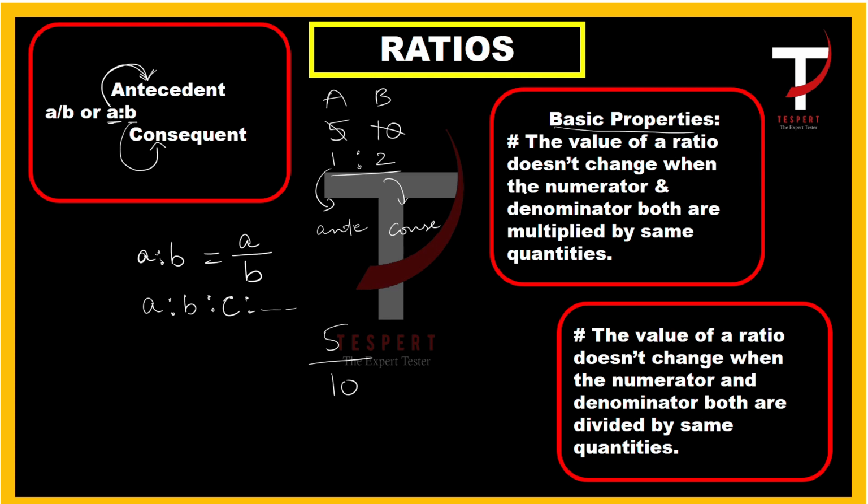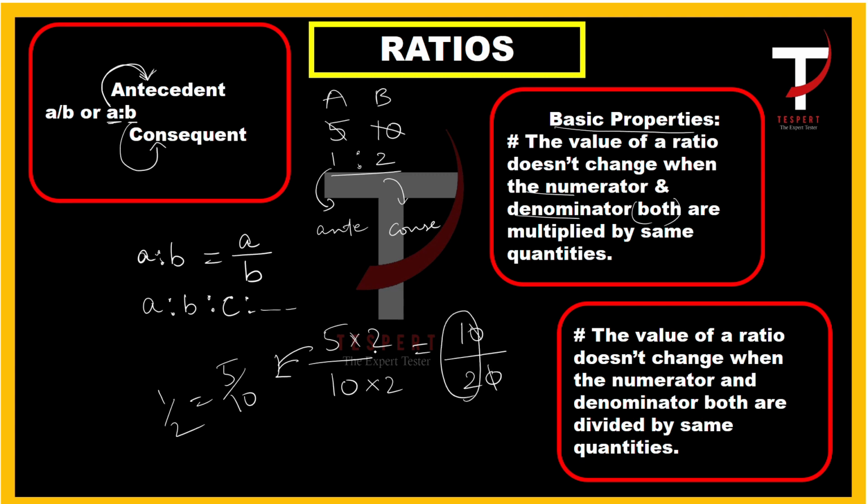Let's multiply the numerator by 2 and the denominator by 2. What is the new value? 5 into 2 is 10, and 10 into 2 is 20. The ratio 5 by 10 is equal to 1 by 2, and this is also 1 by 2.